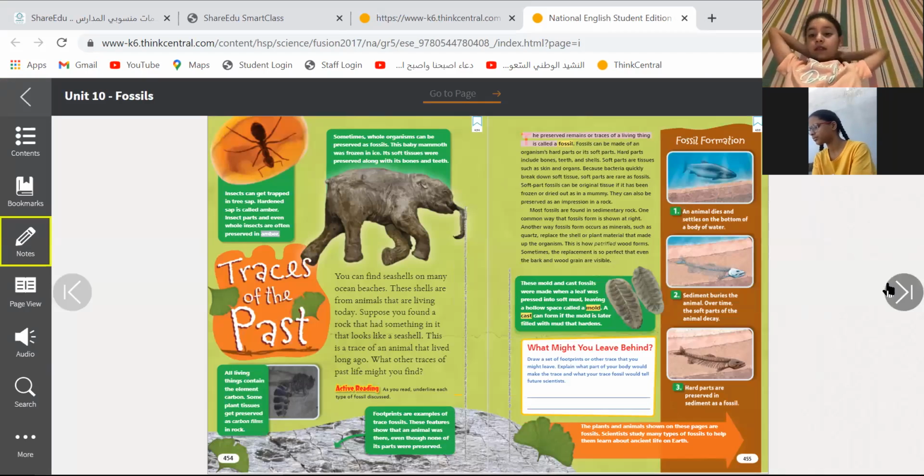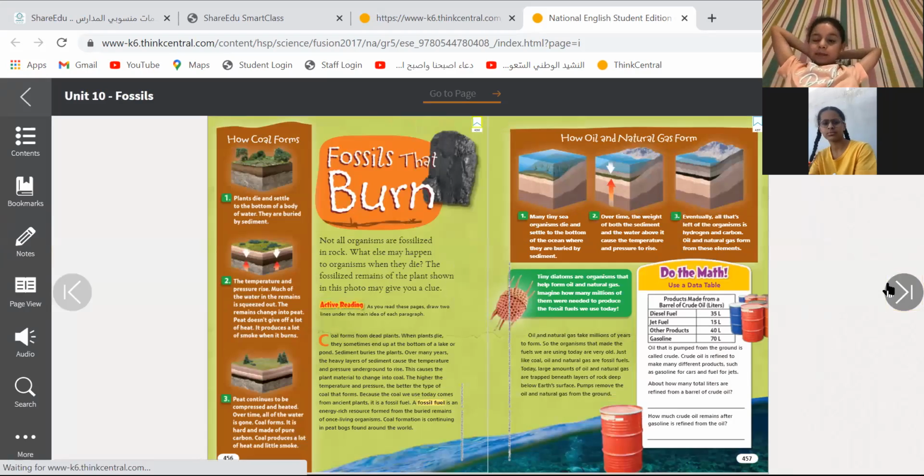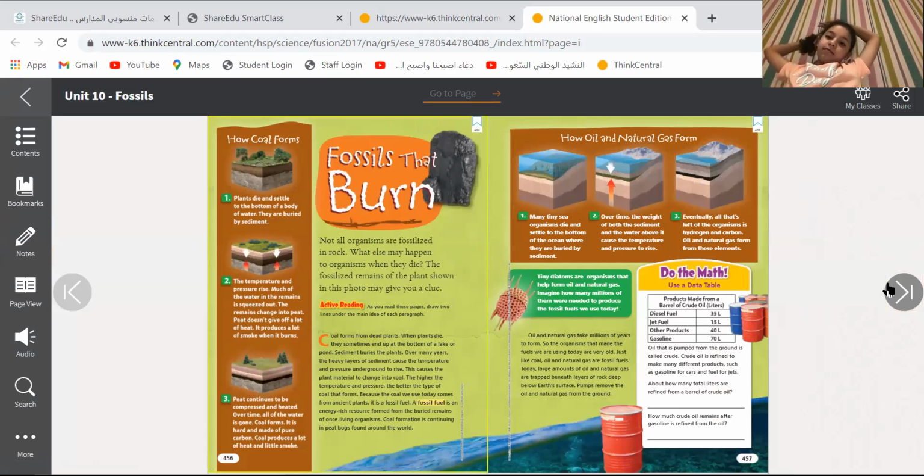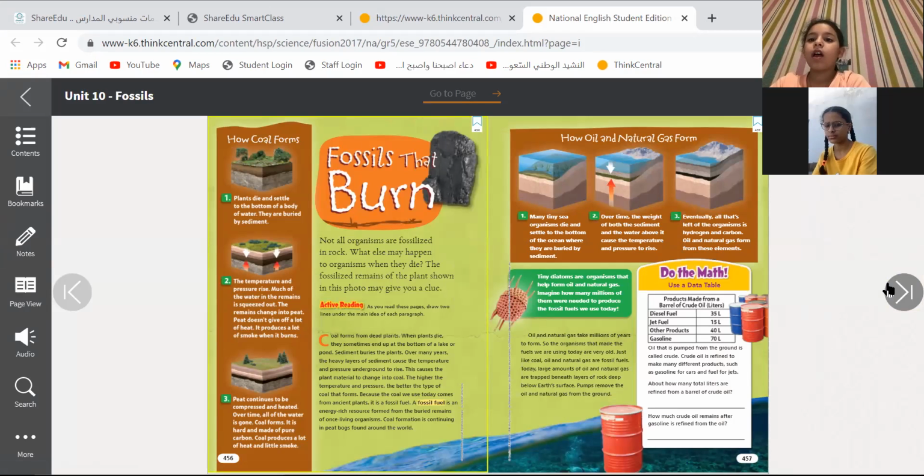Now let's take a look at fossils when they are burned. Do you think fossils can be burned? Yes. All right, so not all organisms are fossilized in rock. What else may happen to organisms when they die?